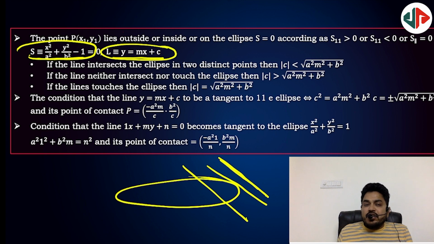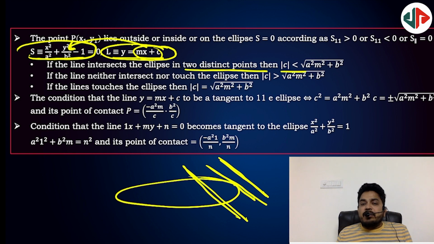In this one, there is no solution for these two. In this one, when you substitute y is equal to mx plus c, delta is equal to 0. Here two values will be there. So if the line intersects the ellipse in two distinct points, mod c will be less than root over a square m square plus b square. Neither intersects nor touches, mod c is greater than root over a square m square plus b square.